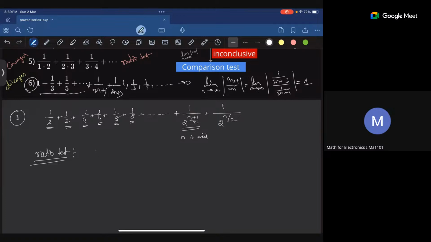Okay, so when n is even, you will see that the nth term and the (n+1)th term will change, right?